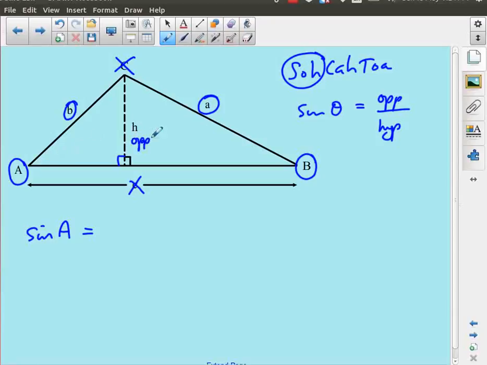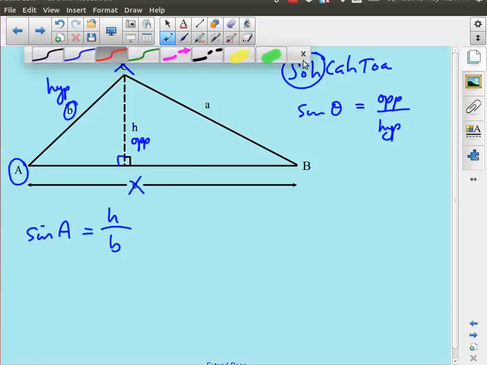It's here. And where is my hypotenuse? It's here. I'm going to change the color for these ones. I'll change them to red for when we go through those. But let's focus on this blue one first. So sine of A is equal to opposite over hypotenuse. Sine of A is equal to opposite, which is H, over the hypotenuse, which is B.